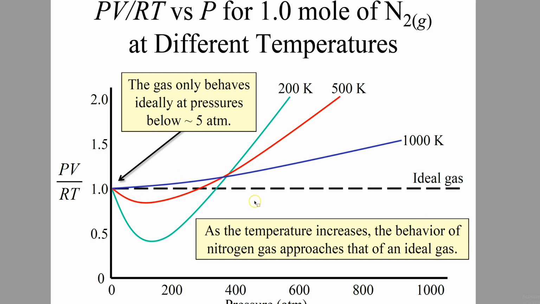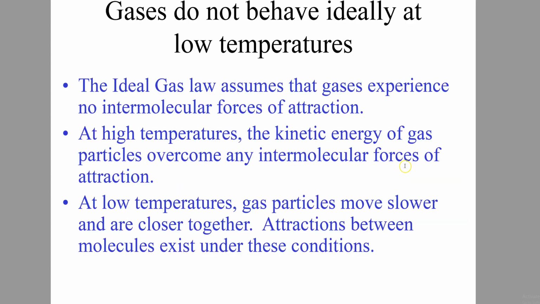So let's assume that your temperature increases, the behavior of that gas approaches that of an ideal. So this is going to be opposite of what we normally get when we're increasing, let's just say, pressure. So if you increase the temperature of the gas, you can kind of see that by about 300, we begin to get that approaching that situation where ideal is going to be our reference point.